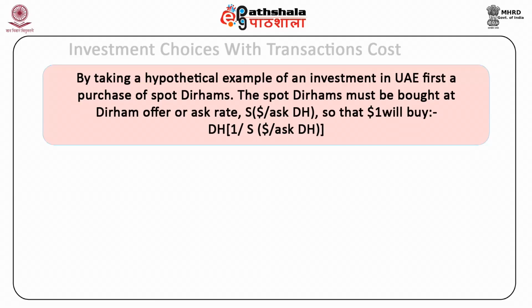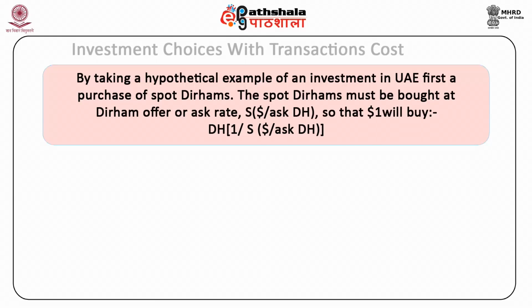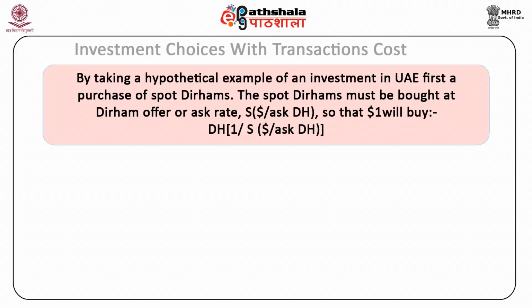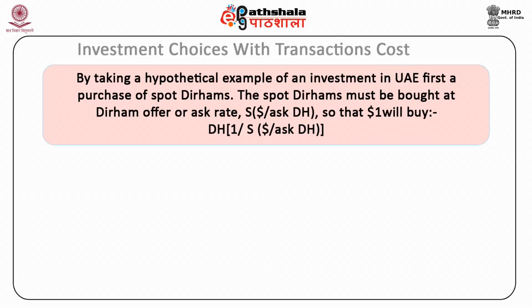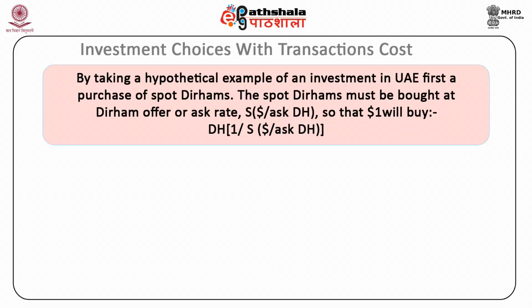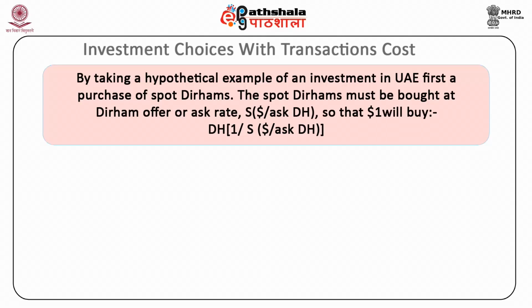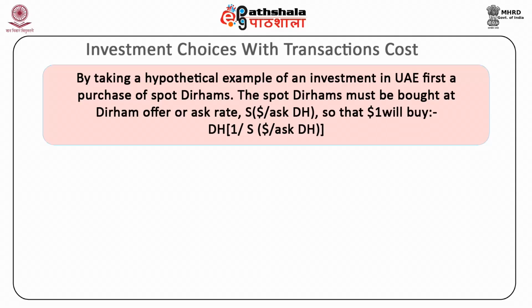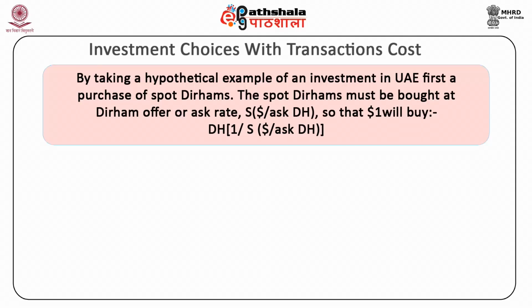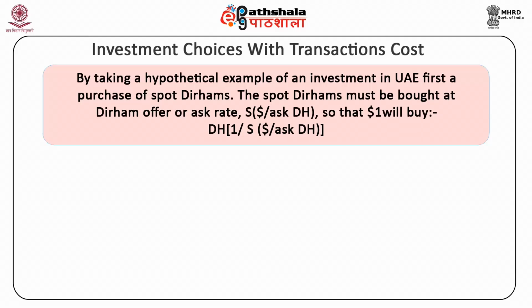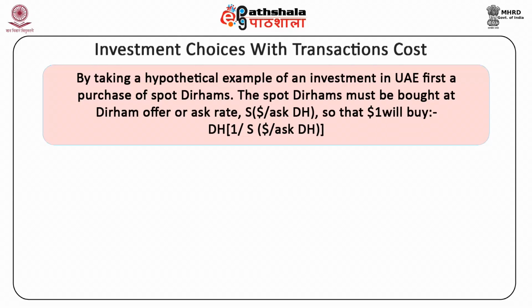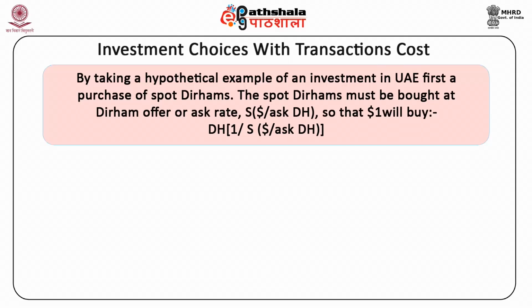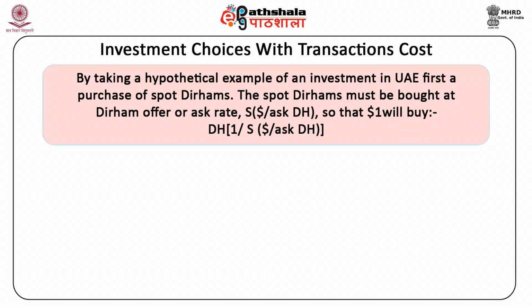By taking a hypothetical example of an investment in the UAE, first is a purchase of spot dirhams. The spot dirhams must be bought at the dirham offer or ask rate. So $1 will buy dirham 1 by the spot dollar per ask rate of dirham.